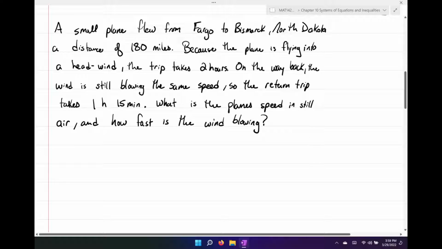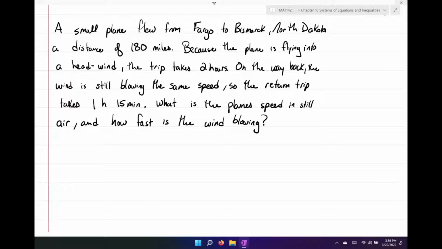Both of those cities are in North Dakota, which is a distance of 180 miles. Because the plane is flying into a headwind, the trip takes 2 hours. On the way back, the wind is still blowing the same speed, so the return trip is 1 hour and 15 minutes. What is the plane speed in still air, and how fast is the wind blowing?